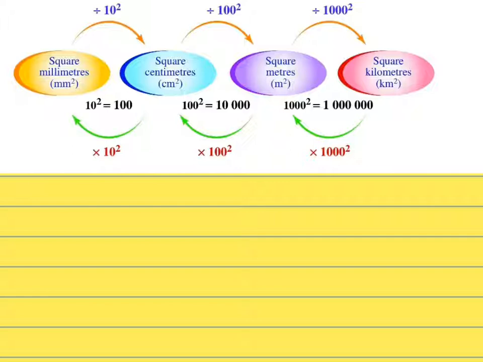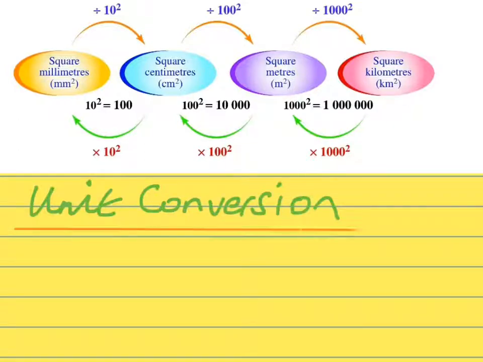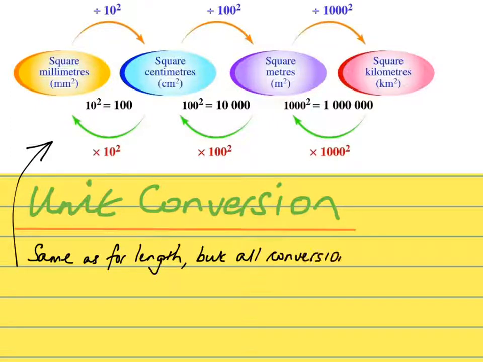They're the same numbers, but they're squared, because areas are all about squaring lengths or multiplying lengths by lengths. That's where that squaring comes from. So let me explain to you what I'm talking about. Yes, that is the same diagram as we used for length, but the conversion numbers are squared.